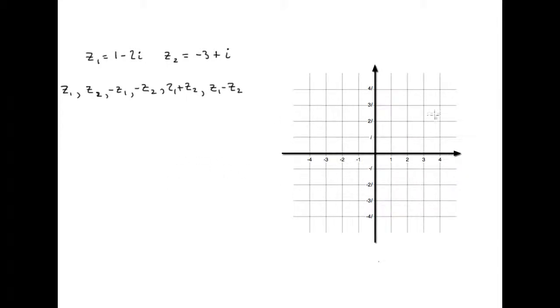Okay, let's try this then. 1 minus 2i, z1. There's its associated vector. z2, and there's its associated vector.